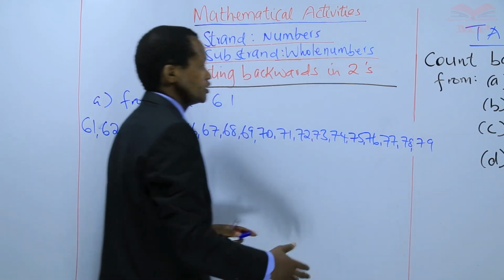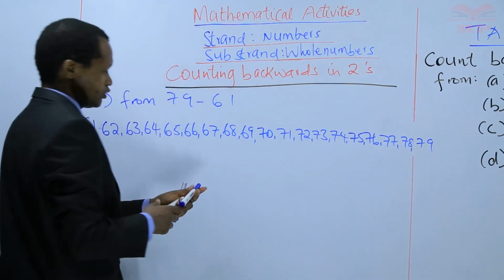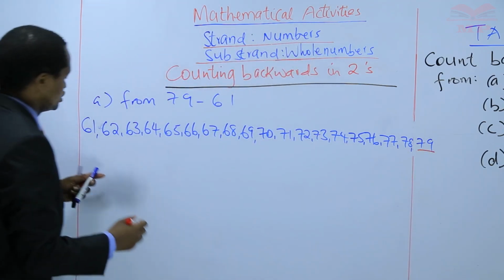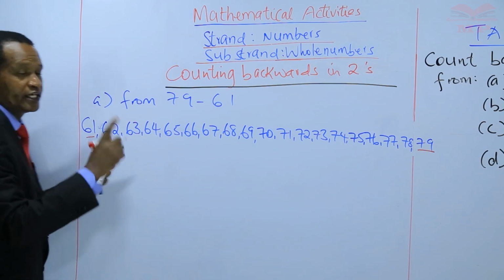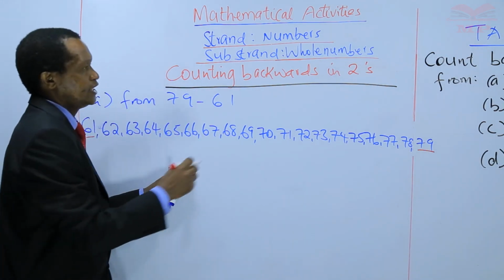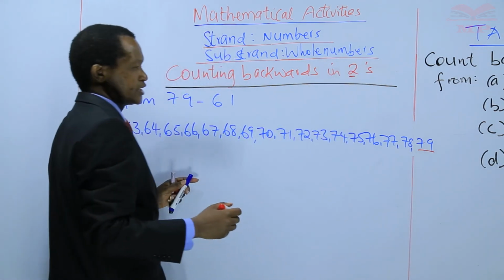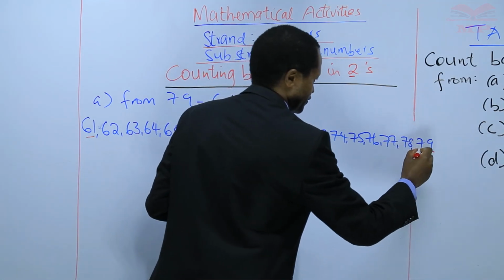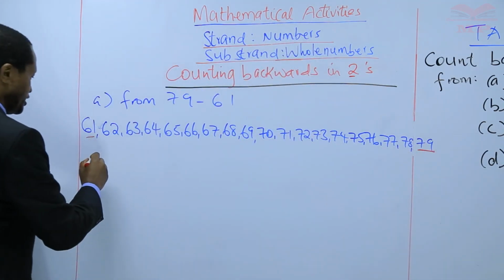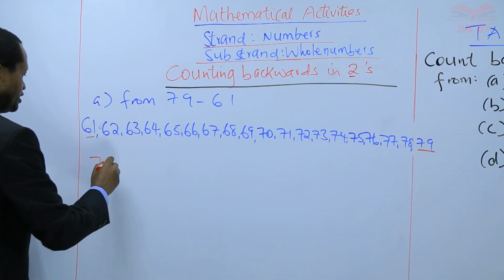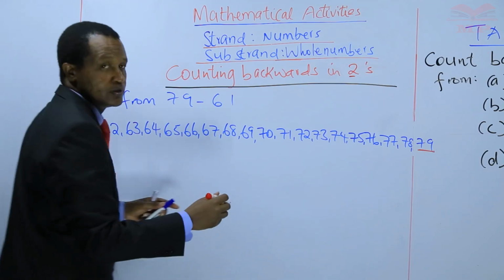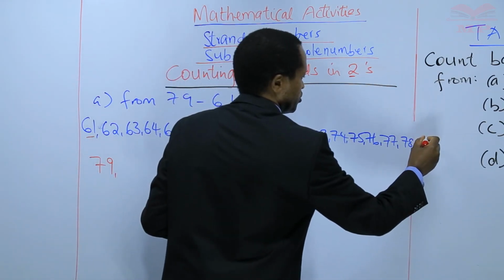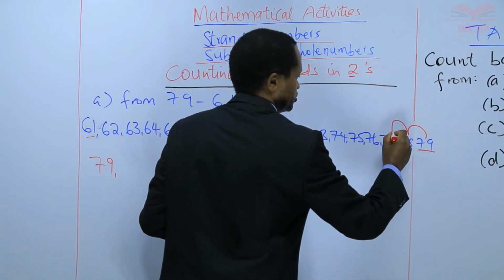So we want to count backwards from 79 to 61 in twos. We start at 79, and the first number will be 79 because you are counting from 79. We go back 2 times. We have 1, 2.